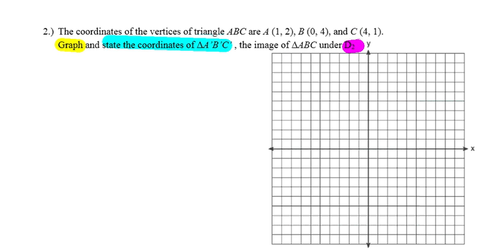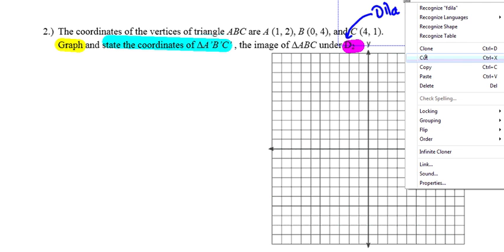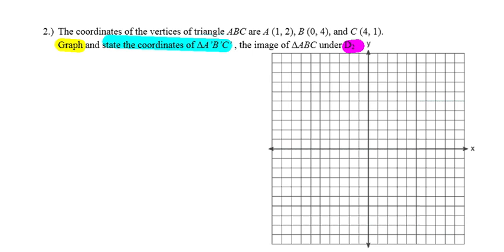The D tells us that the transformation that we're going to be completing here is a dilation. And the subscript of 2 tells us that the scale factor that we're going to use here is 2.